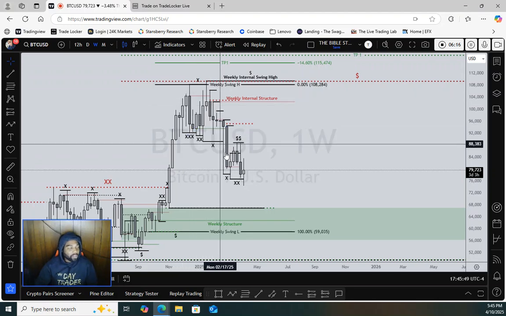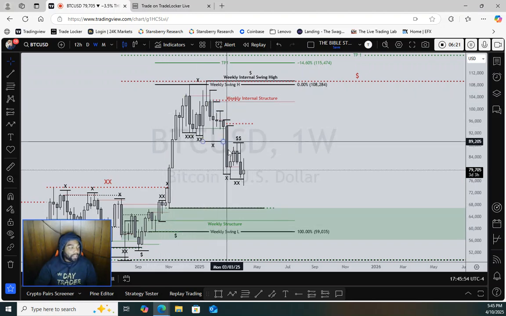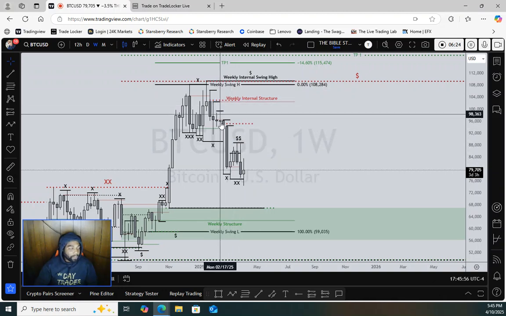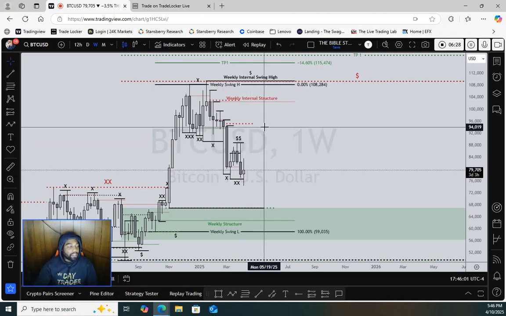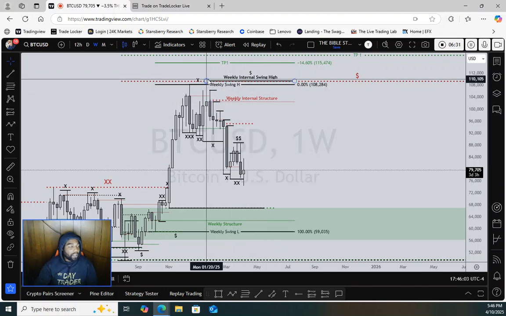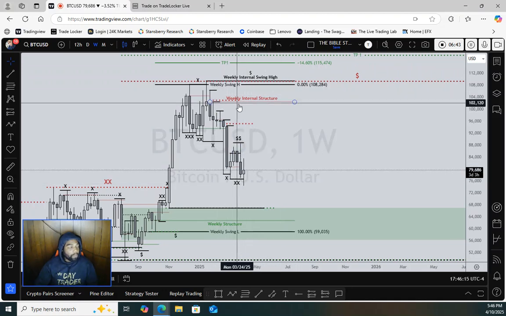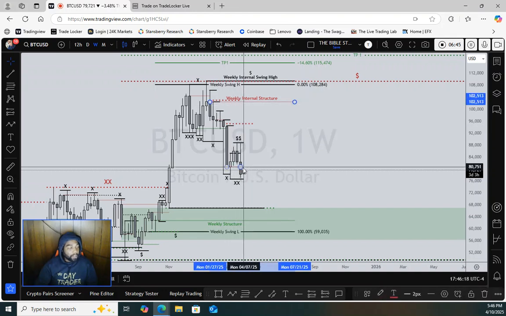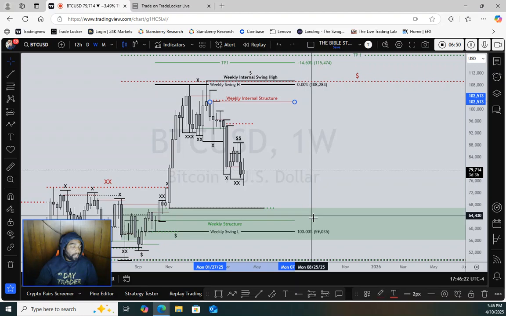Price is creating bear structure inside of this bullish expansion, and this is the structure of the retracement. So if price buys, that will be the start of a bullish continuation inside of this bearish swing point. These two bear swing points that price will create, swing lower high to a lower low, this is the weekly internal structure. So we can see price push up into this and give a continuation to the downside.